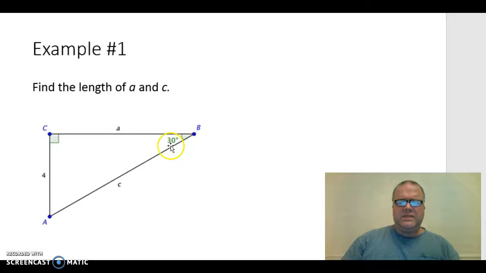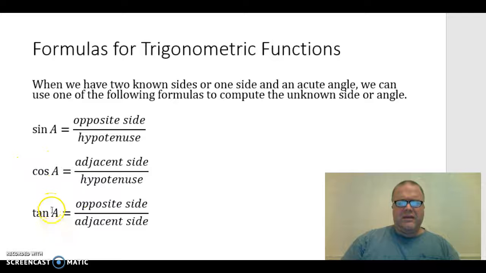Alright, they give us this angle B here, so what information do we want and what information do we have? Well, we have the measure of B, and we have the opposite side of B, so I want to use one of my 3 formulas that have opposite in it. Right now it's either going to be the sine or the tangent.